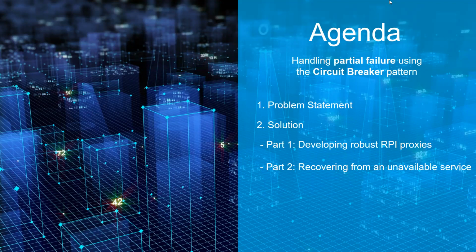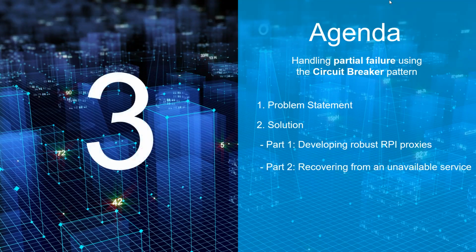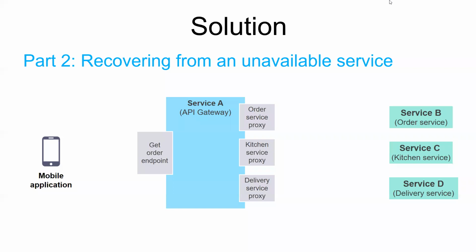Using the circuit breaker pattern is only one part of the solution. You must also decide on a case-by-case basis how your services should recover from a non-responsive remote service. One obvious option for a service is to simply return an error to its client. In other scenarios, returning a fallback value such as a default value or cached response may make sense.